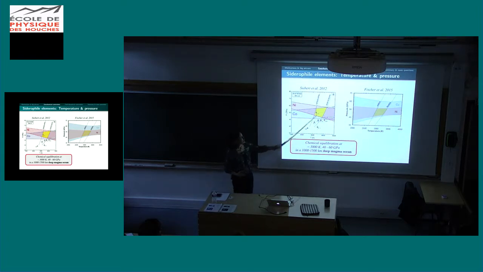If you have only one element, you will have only one constraint on pressure and temperature. So you need at least 2 elements to get pressure and temperature. You can add more, and this zone will get narrower and narrower, and hopefully it's not going to switch somewhere else, because if you have no solution, then yeah.